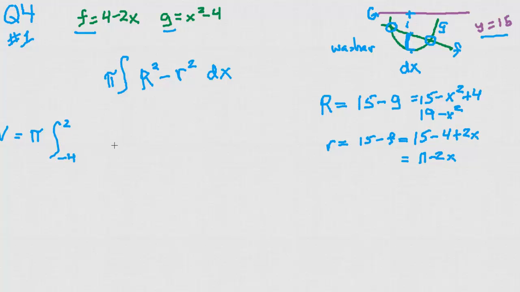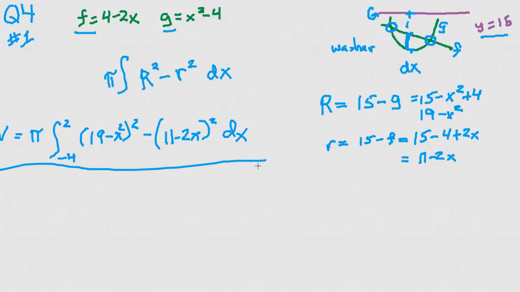Then putting in my values for my radii, I've got 19 minus x squared, quantity squared, minus 11 minus 2x, quantity squared, dx. And that's how I would do this problem using washers.